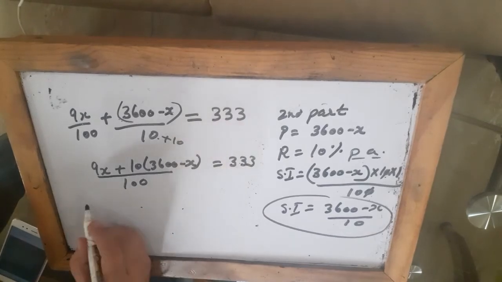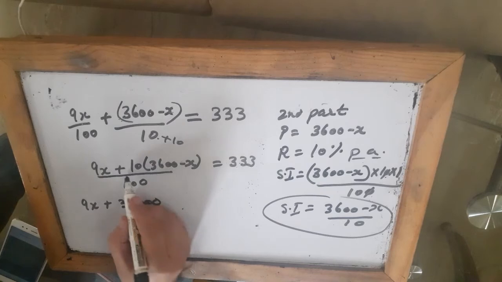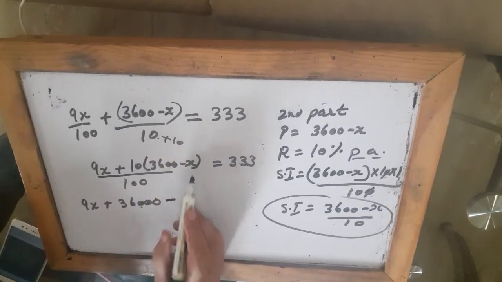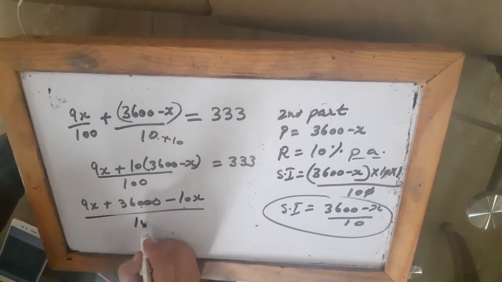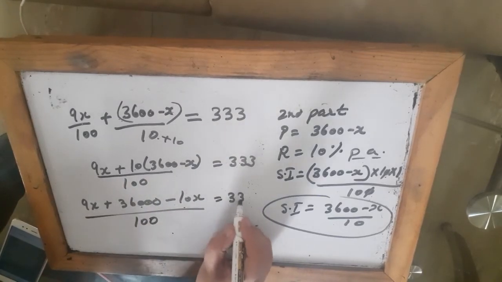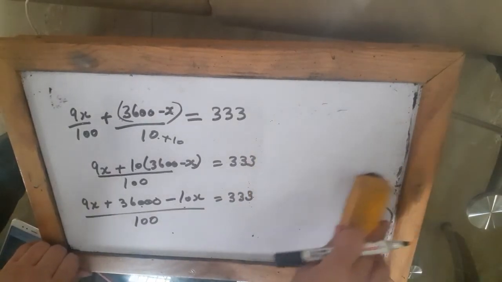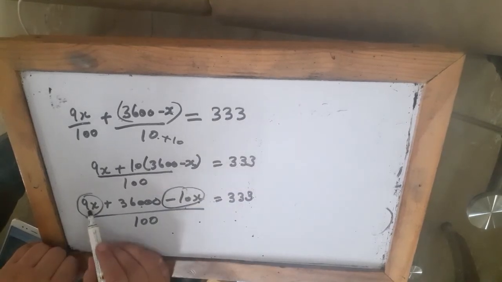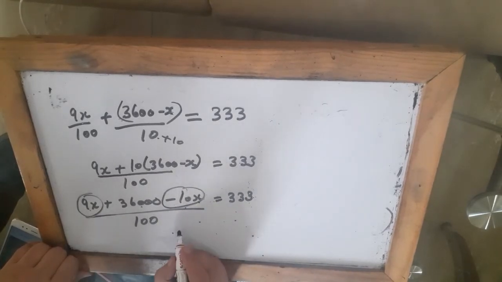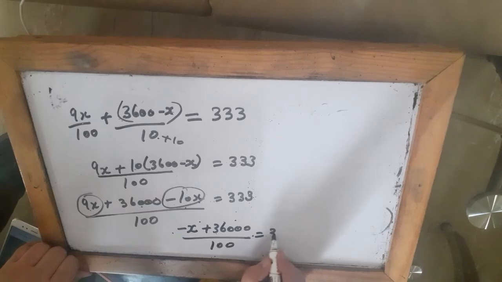When I solve this bracket, it becomes 36000, and this also you multiply with 10x upon 100 is equal to 333. Now like terms with x: 9x minus 10x will become minus x plus 36000 upon 100 is equal to 333.